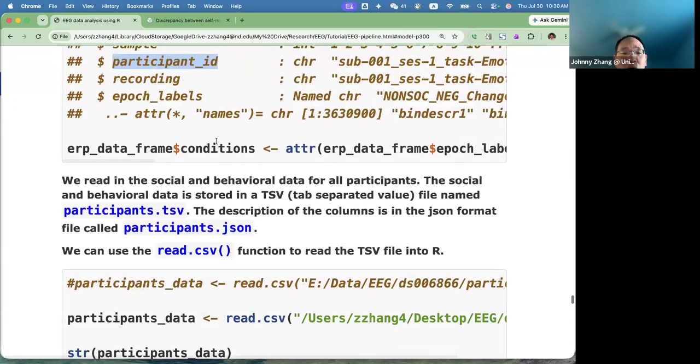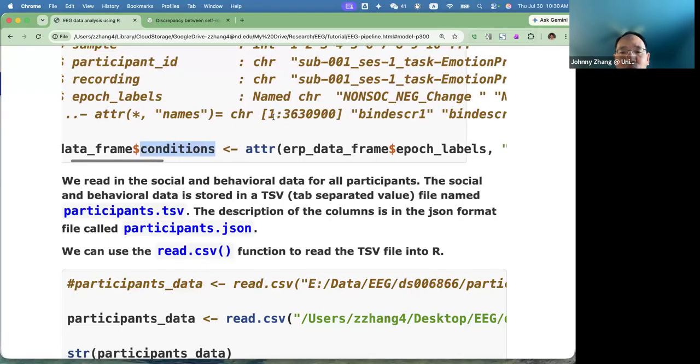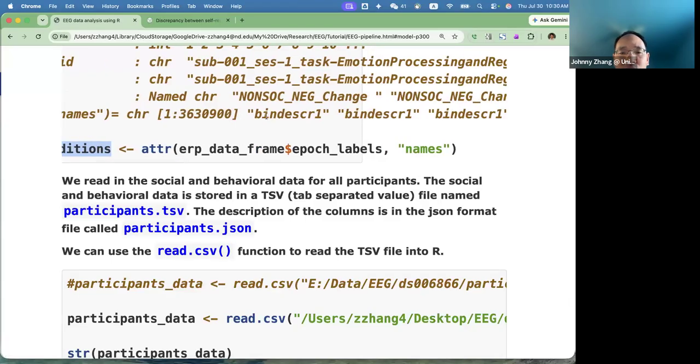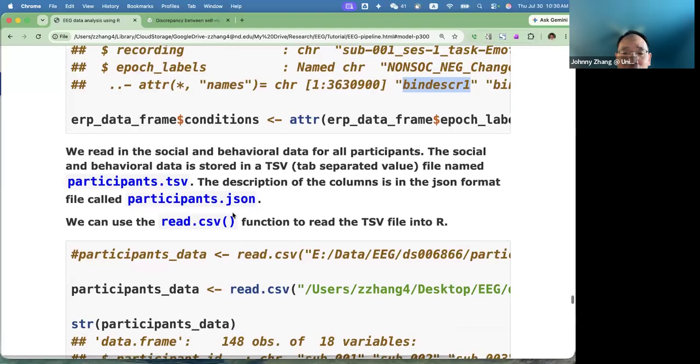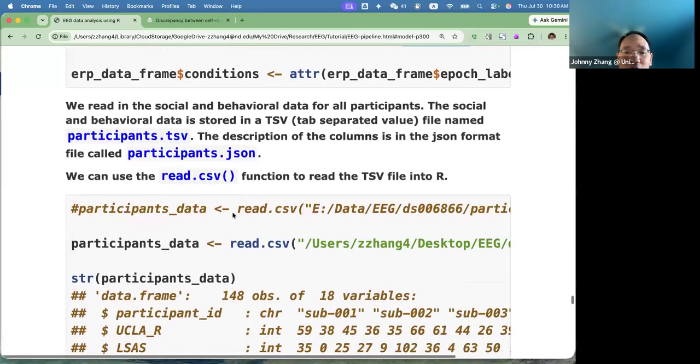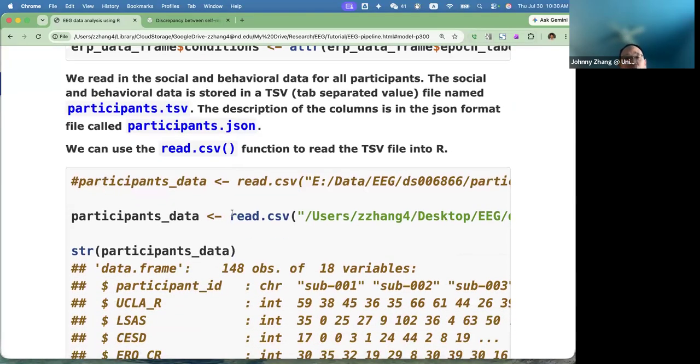I also add conditional variables to my data frame. The reason is that it has a non-social condition, but this also has a band as CR1. Those are the different kinds of conditions. You don't have to have this, but I use it for some other data analysis in the future myself.